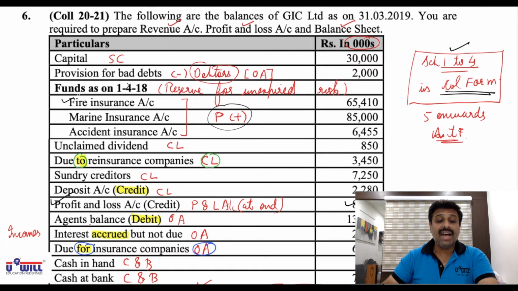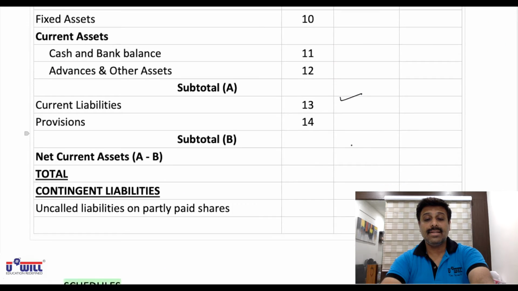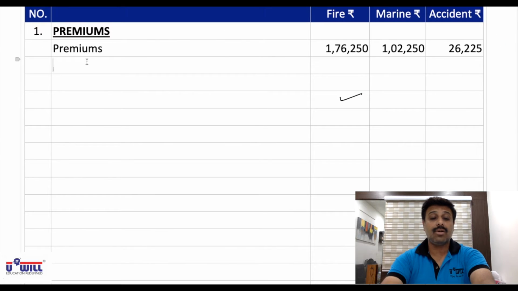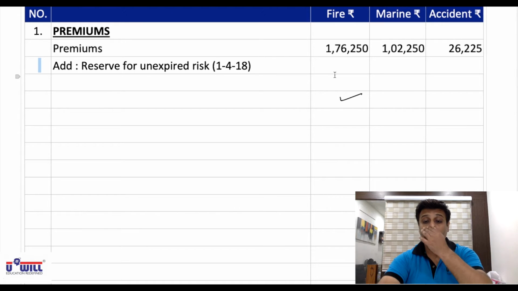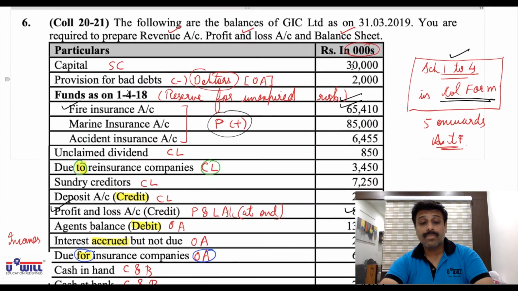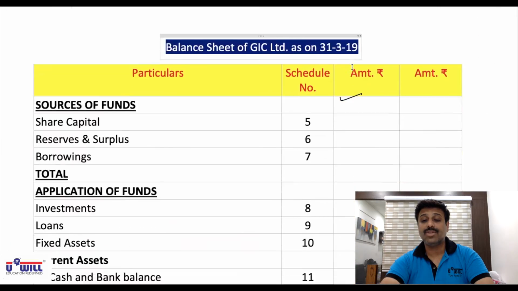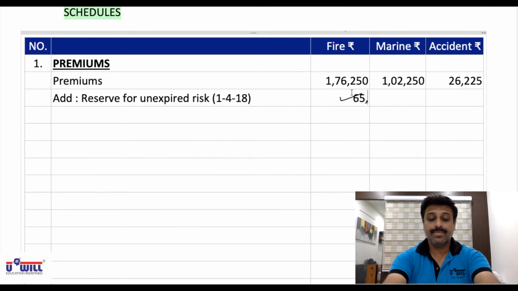Okay, fire insurance 65,410. So first we'll add reserve for unexpired risk on 1-4-18. The amount of fire in that is 65,410.